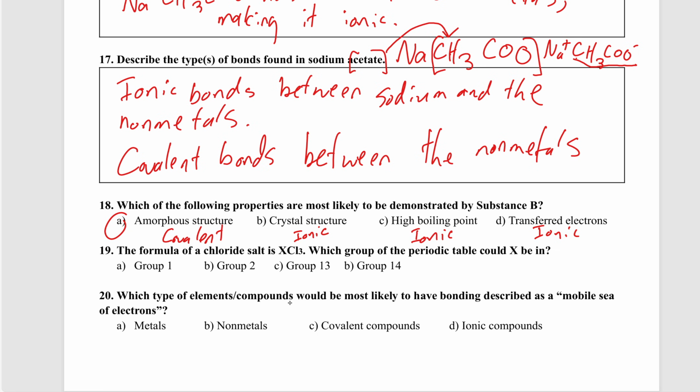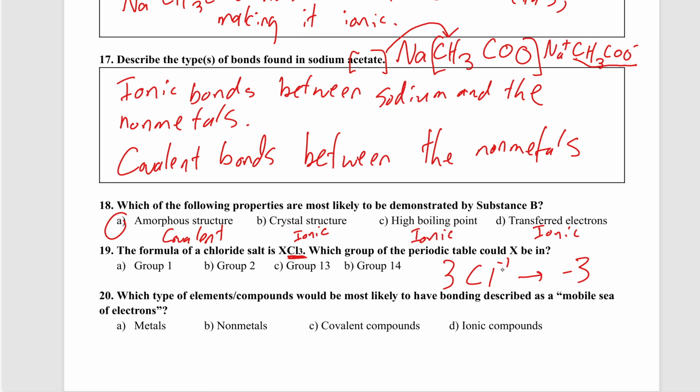Okay, the formula of a chloride salt is XCl3. Which group of the periodic table could X be in? You need to look and see what it's paired up with. So it's paired up with 3 chlorines. You know that one chlorine, given its place on the periodic table, has a -1 charge. So if you have 3 chloride ions, that is a -3 charge.